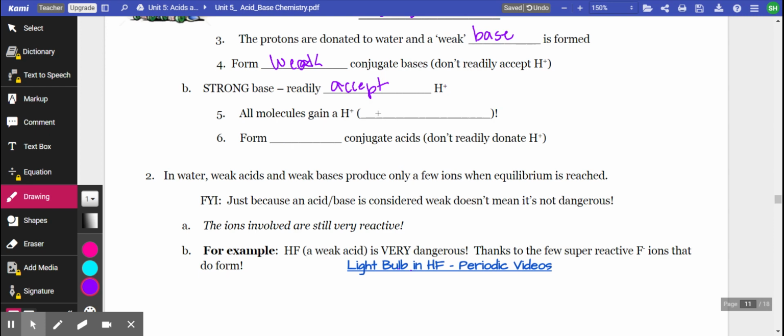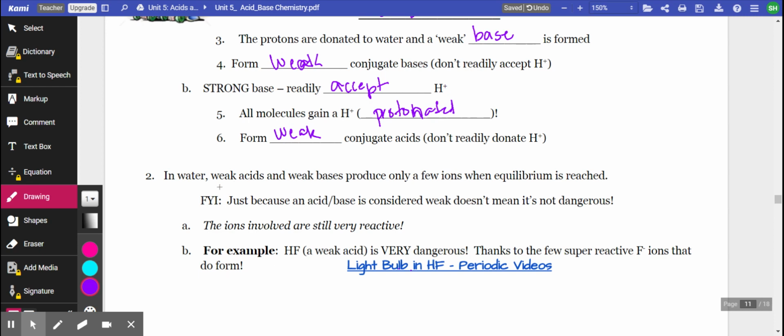Okay, so this is called becoming protonated. If we say that a molecule has been protonated, that means it's gained a hydrogen ion. So these are going to form weak conjugate acids. Once they become protonated, they don't readily donate that hydrogen ion back.